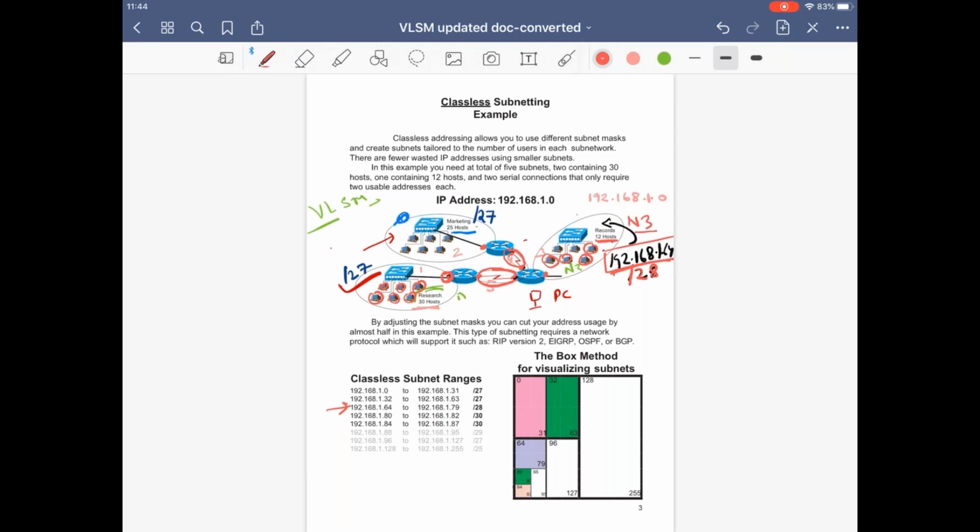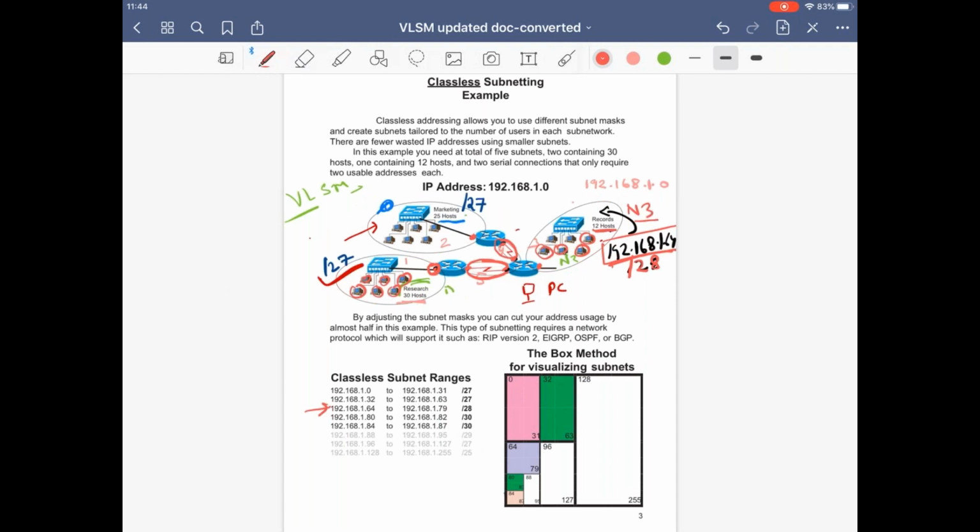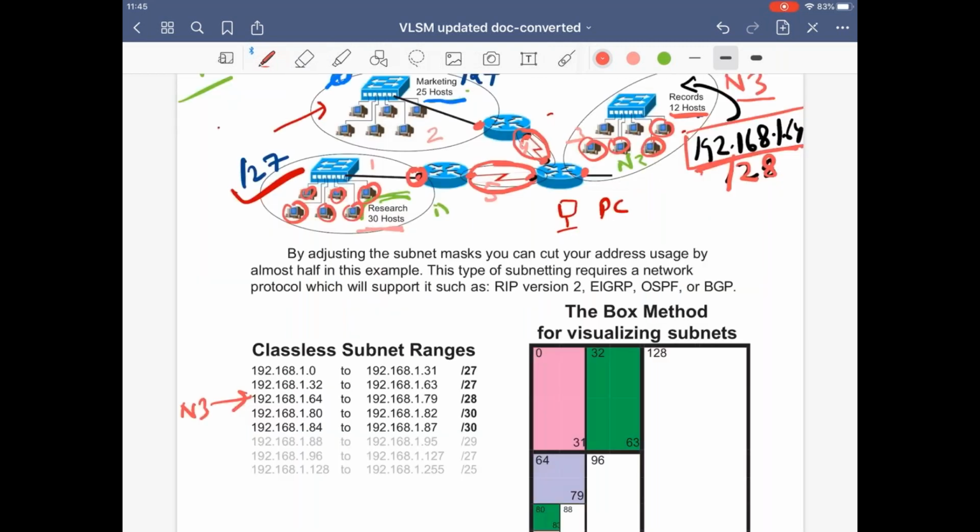We have found N3. This is N3, 1.64. Yes, it is written there.